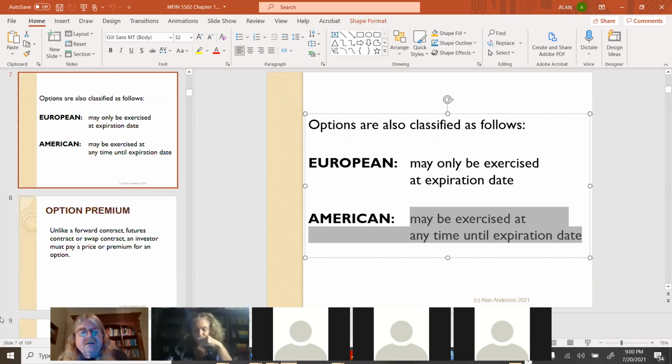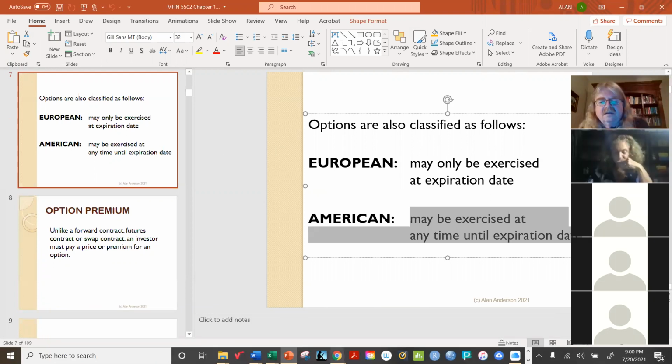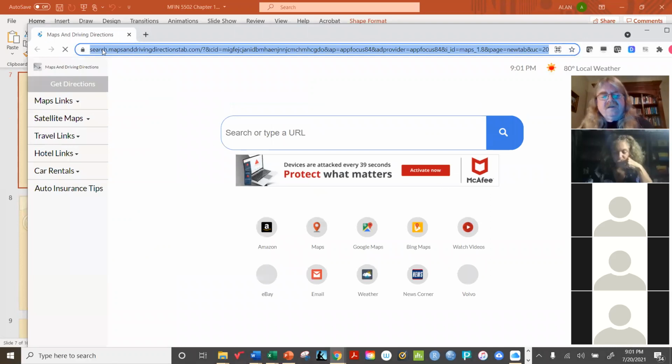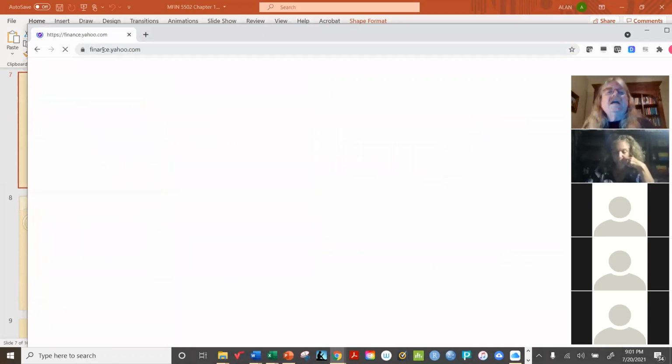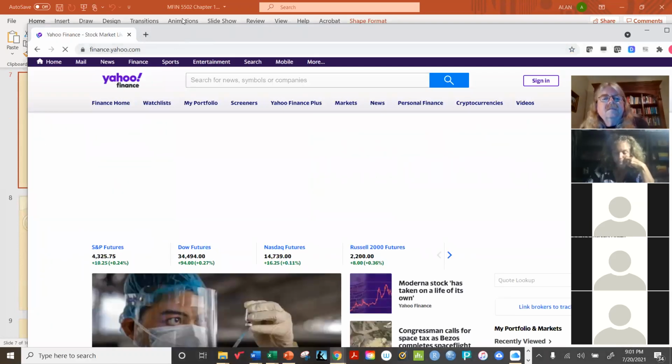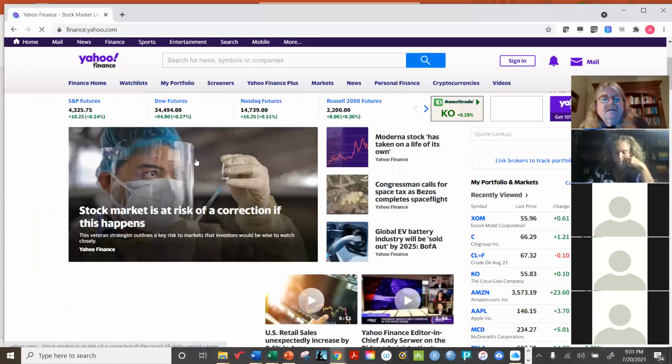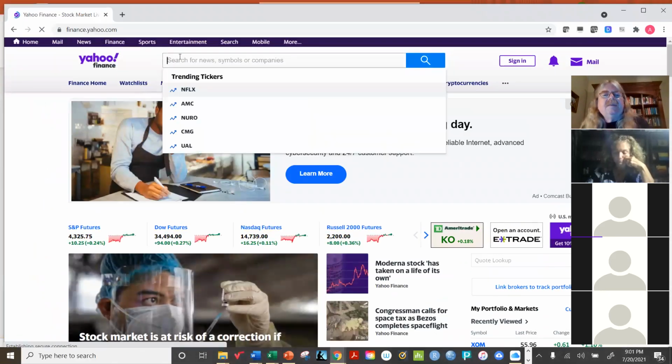Now, I'm going to show you some actual option prices. So let's go back to our old friend finance.yahoo.com and let's look at Apple.